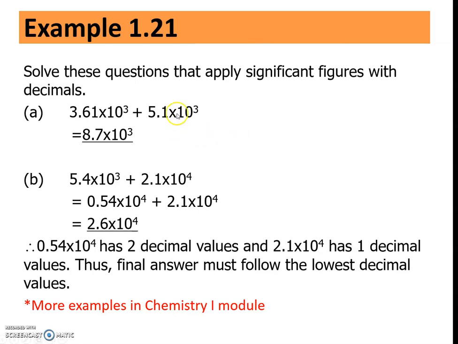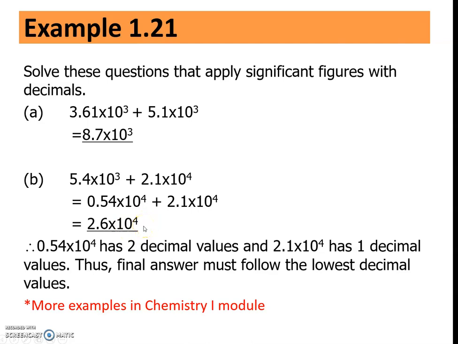Alright, let's look into this example as well. Let's look at example B. We have 5.4 times 10 to the power of 3 added to 2.1 times 10 to the power of 4. What you can do is make the exponents the same, and then the answer here is 2.6 times 10 to the power of 4.